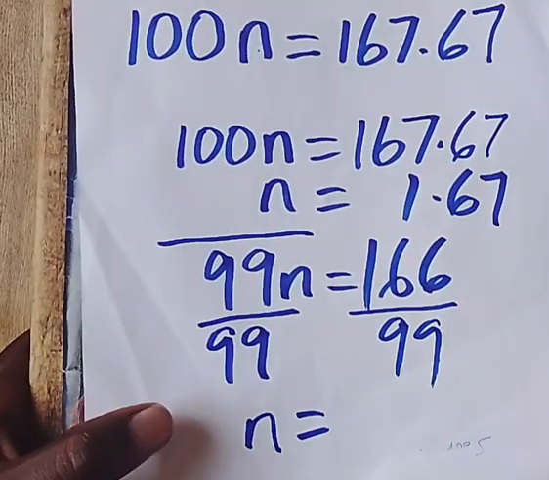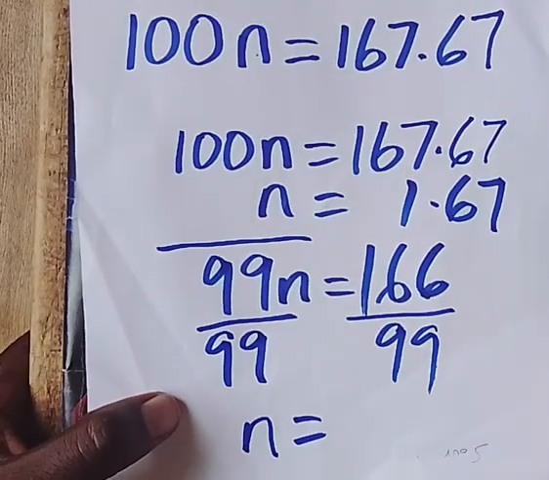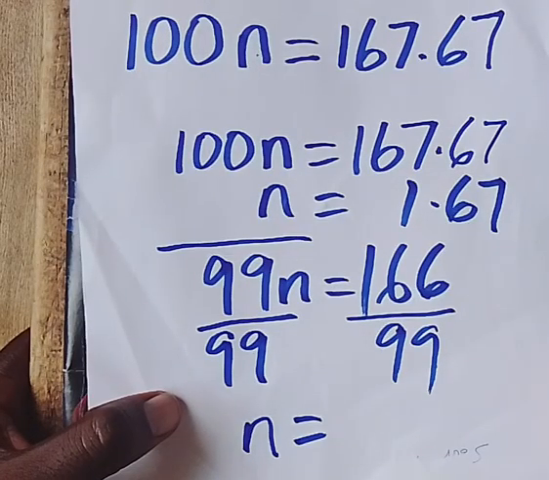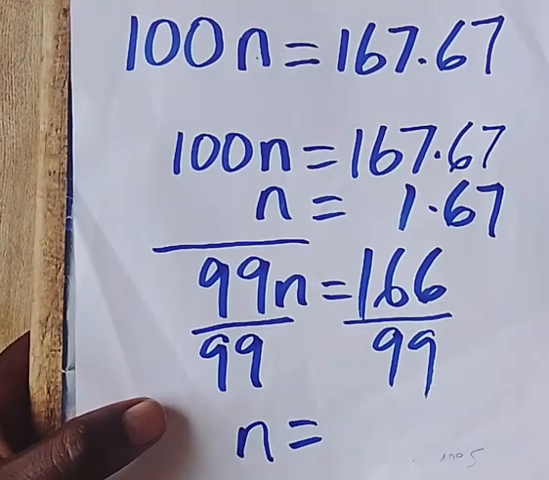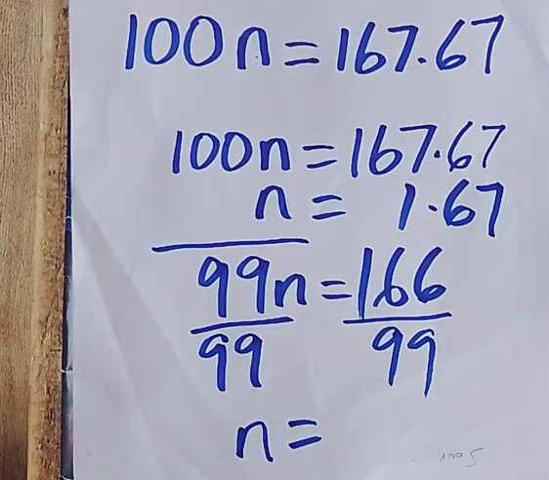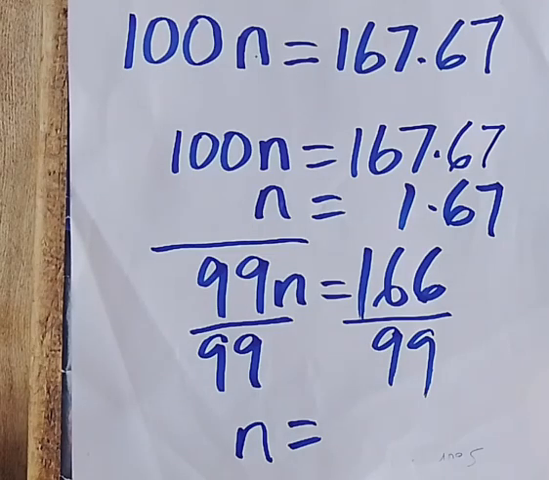You calculate this one as an improper fraction, the improper fraction into a mixed fraction, whereby if you calculate that one, remember I said if you have a calculator, you can just key in 166. Then there's a button up there on your calculator written ABC.